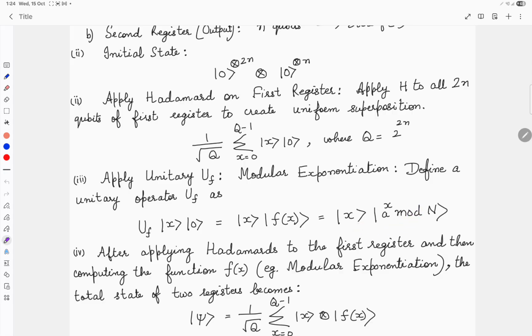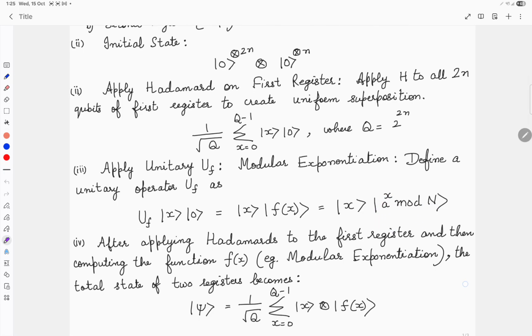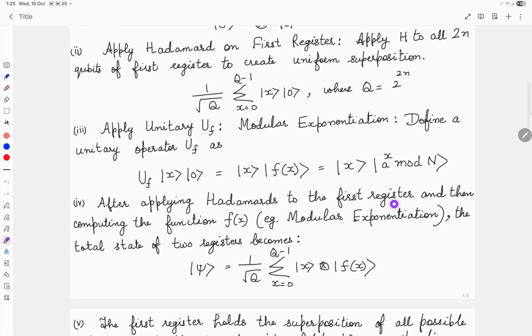So this is the state of the quantum system after two operations. One is applying the Hadamard gate on the first register and then applying the unitary transformation, which is modular exponentiation, to find the function f(x), which is a^x mod N. Now after applying Hadamards to the first register and then computing f(x) using modular exponentiation, the total state of the two registers becomes: the first register is in the uniform superposition state, and the second register contains f(x).